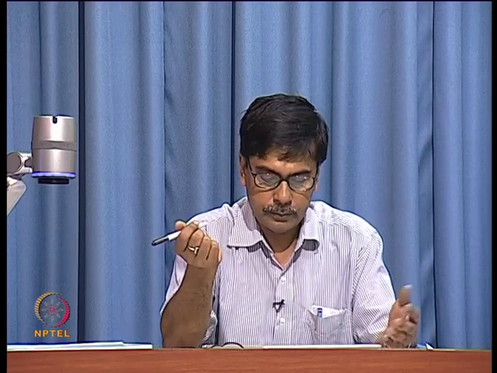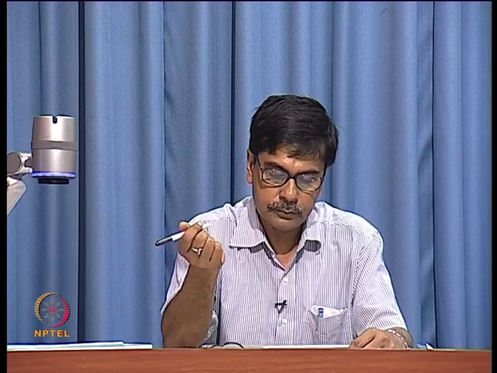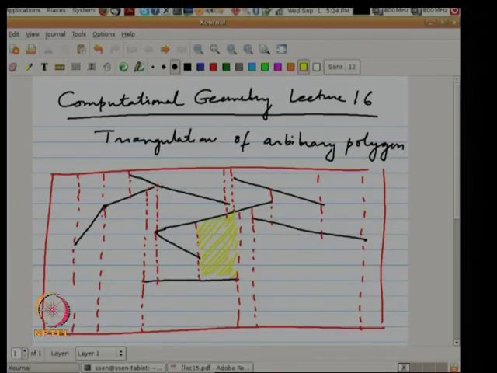As someone suggested, this is a trapezium, a trapezoid. So, by drawing these vertical lines, we now have a large number of trapezoids.